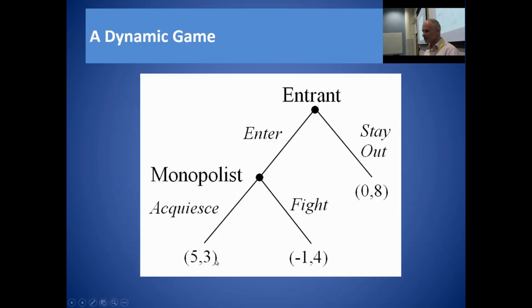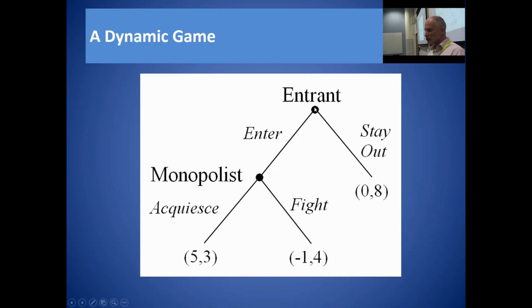So that is now the game with these sunk costs. So if the entrant chooses to stay out, the payoffs previously were 0 and 10. Well, now, if sunk costs have been incurred, the payoffs are 0 and 8. So the 10 previously minus the 2 sunk costs.